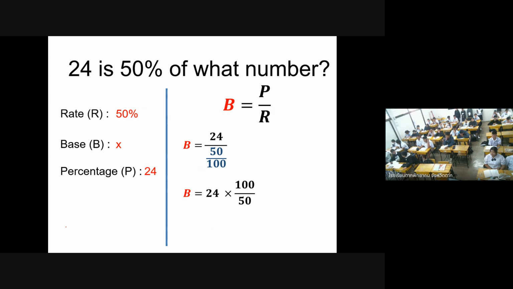What's the answer then? Here 50 simplifies with 100 to 2 over 1, and then 24 times 2 over 1. The answer is 48. So with the question, 24 is 50% of what number, the answer is 48.